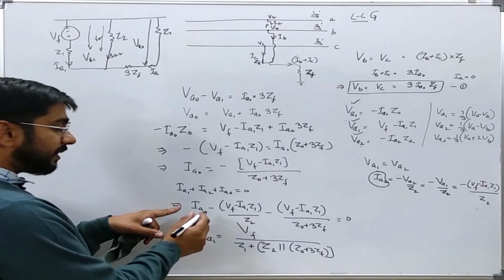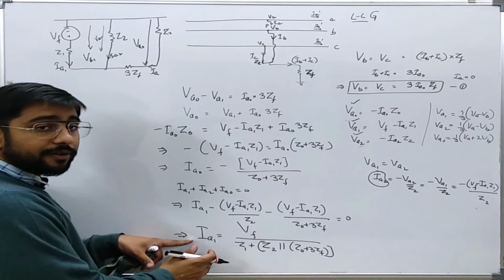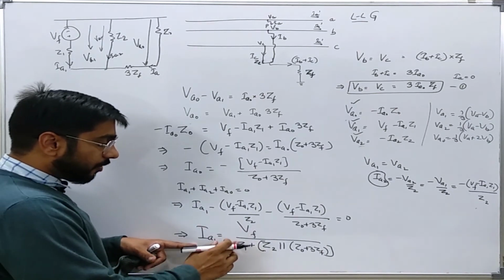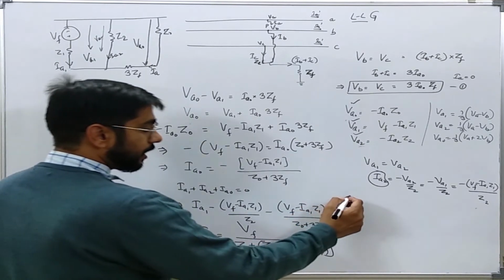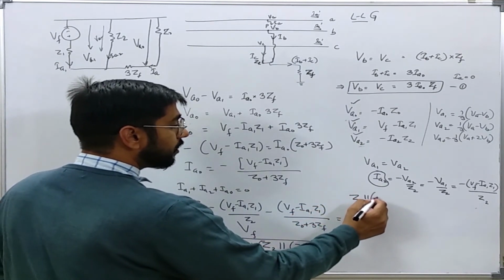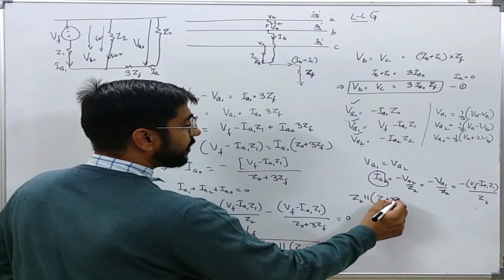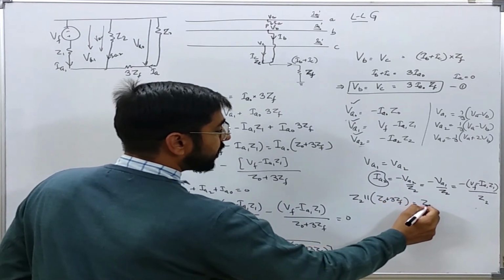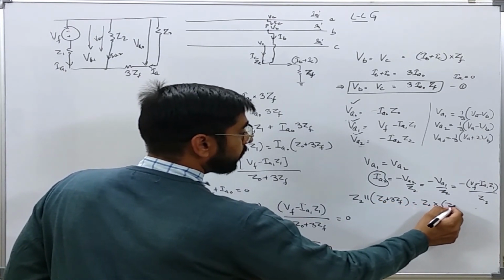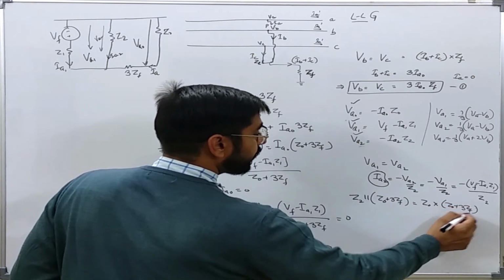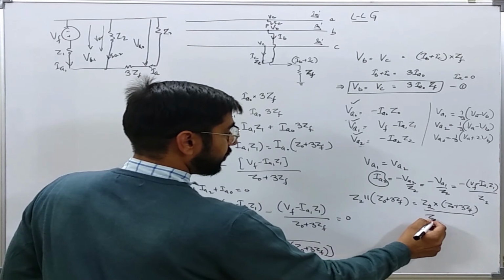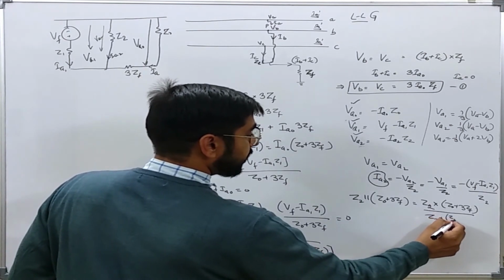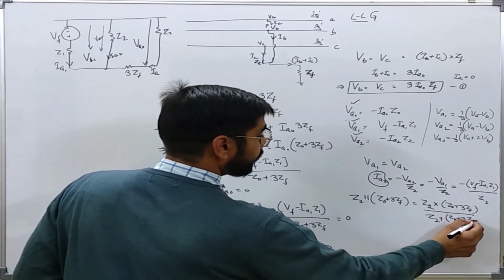On solving this equation, we can find that Ia1 can be written as Vf over Z1 plus Z2 in parallel with Z0 plus 3Zf. Now Z2 in parallel with Z0 plus 3Zf is nothing but Z2 into (Z0 plus 3Zf) over Z2 plus Z0 plus 3Zf.